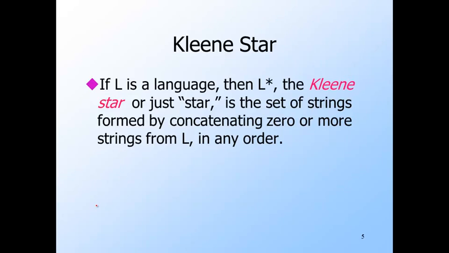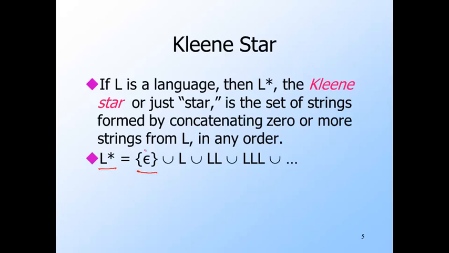Incidentally, Stephen Kleene was the fellow who invented regular expressions and showed that they describe the same languages that finite automata describe. Okay. If L is a language, then L star, the Kleene star, or just star operator, is the set of strings formed by concatenating 0 or more strings from L in any order. Thus, L star would consist of the set containing the empty string.